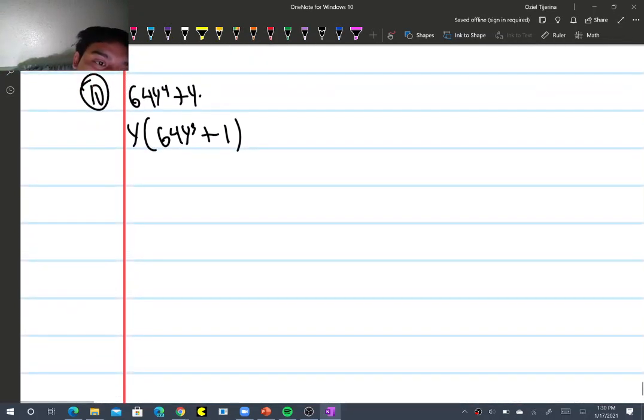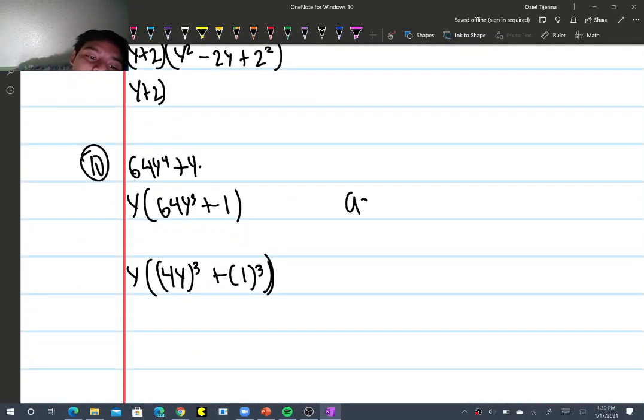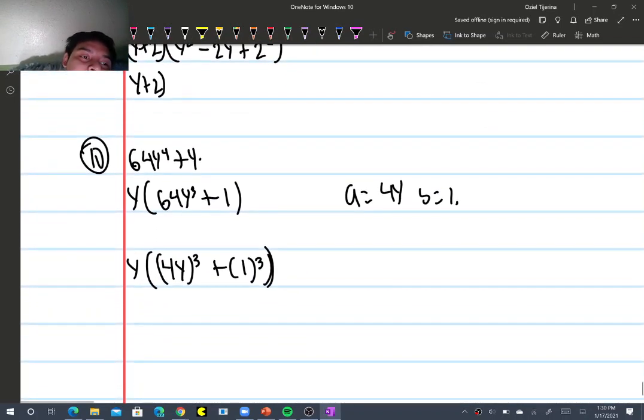You can say y times 4y cubed plus 1 cubed. So a equals 4y, b equals 1. And actually I lied, it's not really as simple, because you have to do your sum of two cubes after that.